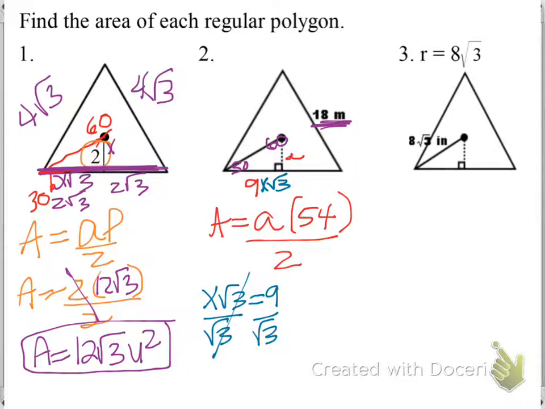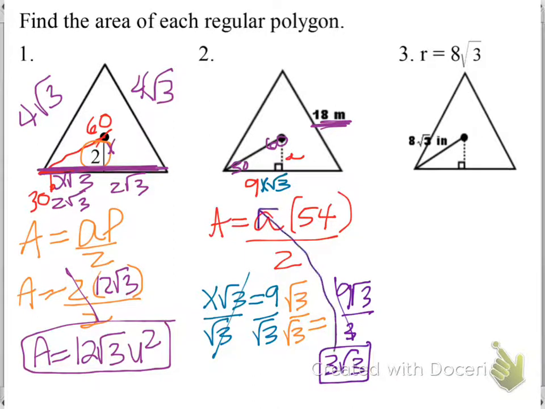Okay, now I'm going to rationalize this to get rid of that root 3. And when I do that, that gets me 9 root 3 over 3. And then 9 over 3 goes down to 3 square root of 3. And so that is my apothem. That's what we've just solved for as x right there.